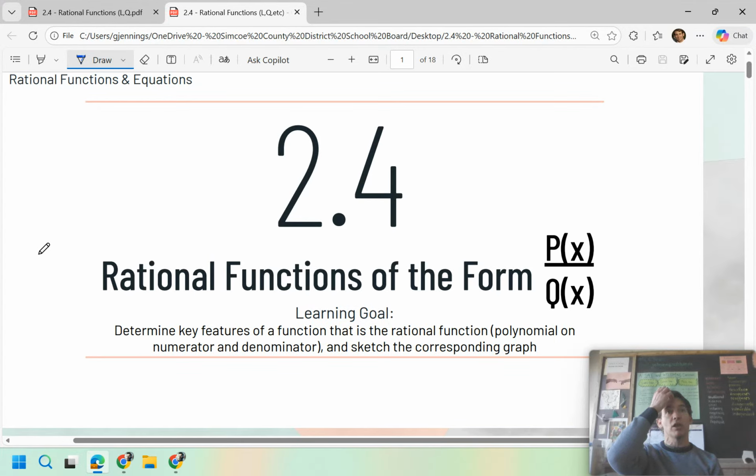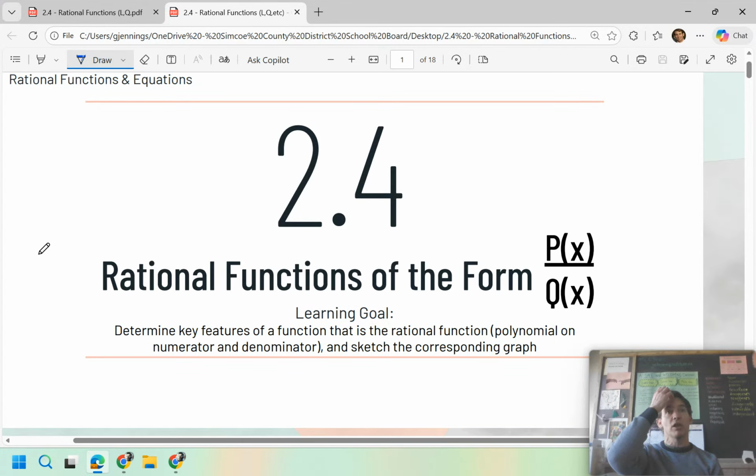This is 1x cubed. This would have a horizontal asymptote at y is equal to 1 over 8, okay? As the x cubed gets so big, it overwhelms the rest of the terms and makes them effectively nothing, right? They don't influence stuff anymore. So we're just looking at the ratio of our leading coefficients to find those horizontal asymptotes.